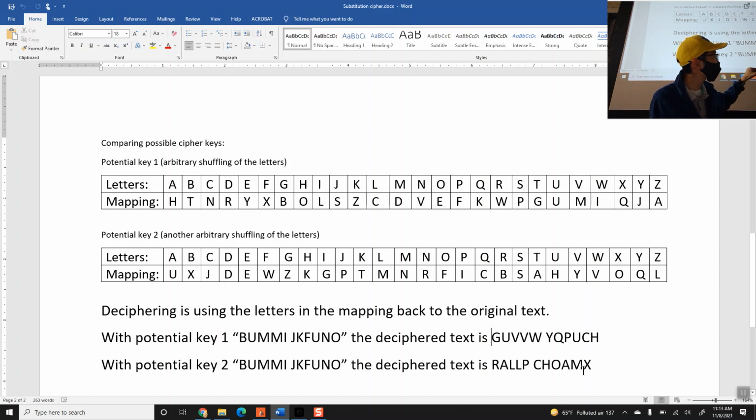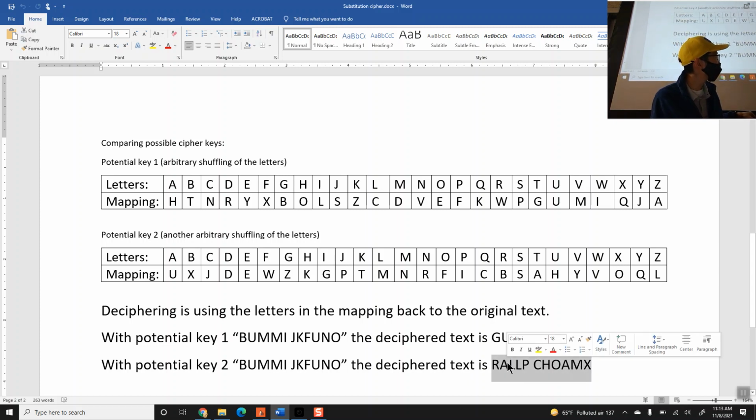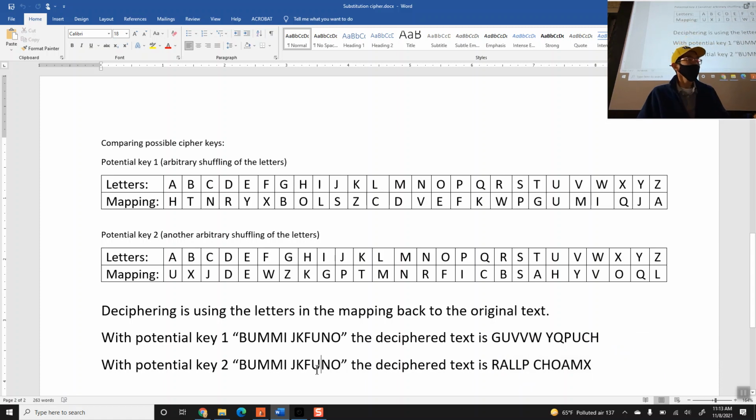There's also a very small but non-zero probability that the other was the original message. But we're going to make the assumption that what they're trying to transmit looks like English.